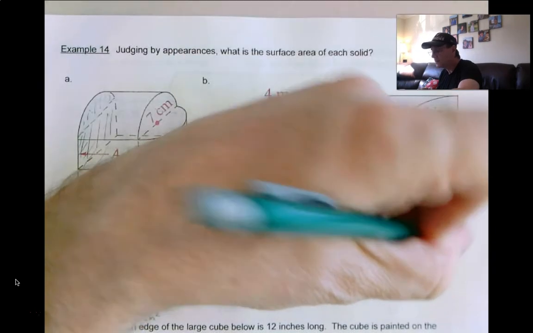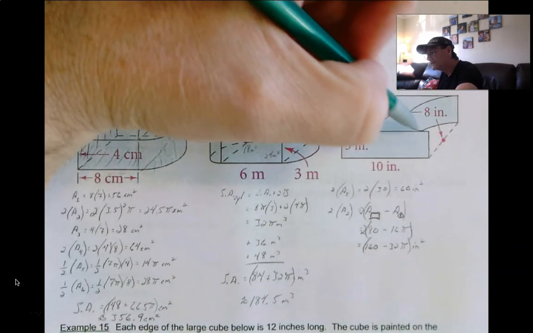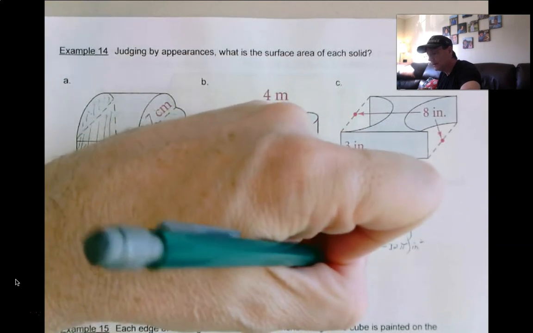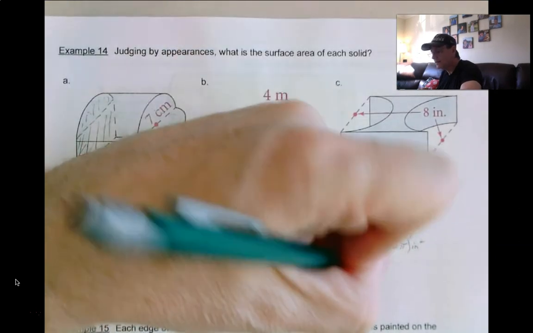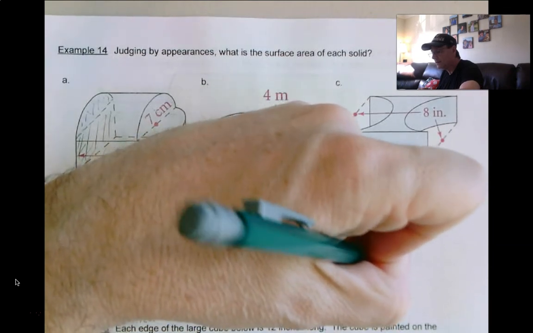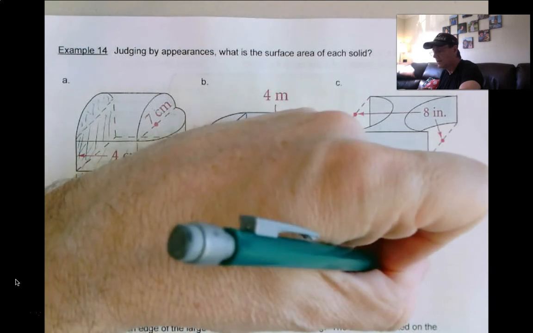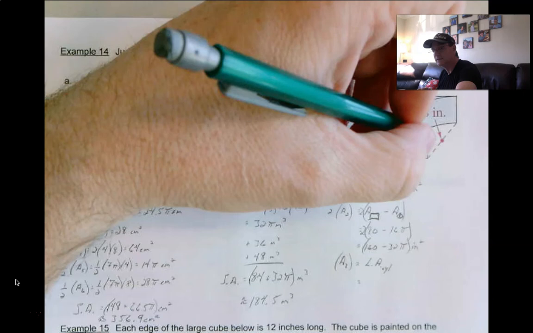And then we have the lateral area of this cylinder that we need to add in. So area 3 is the lateral area of the cylinder. The lateral area of the cylinder is circumference of the cylinder times the height.